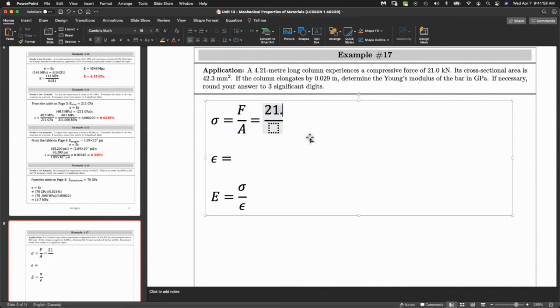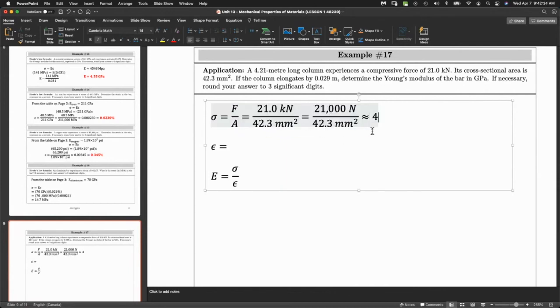We had 21 kilonewtons, and I'll just do the numerator first. The 21 kilonewtons became 21,000 newtons. The area is safe. It's just millimeters squared, so we don't have to play with that. It's easy. Doing that earlier, I got 496.45 megapascal.